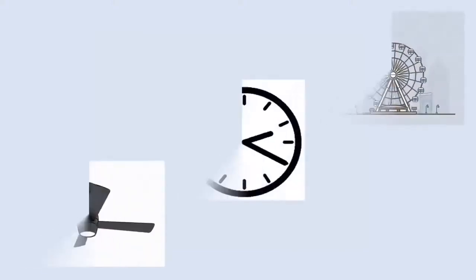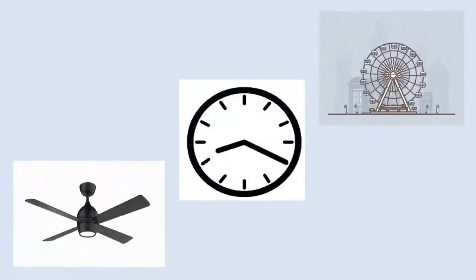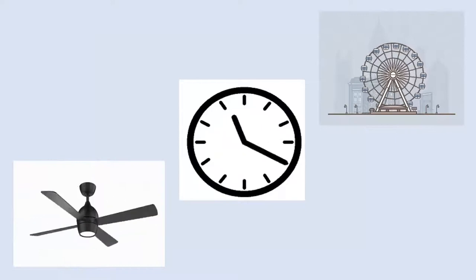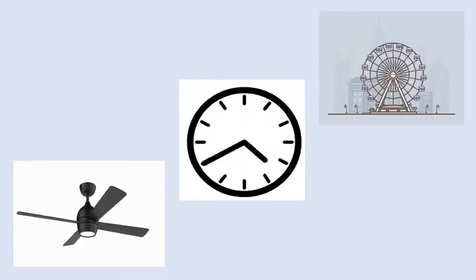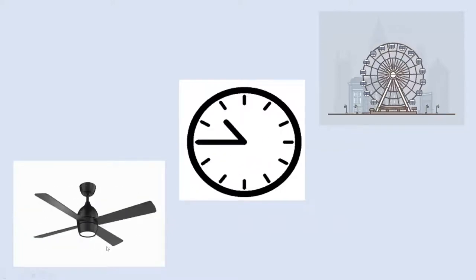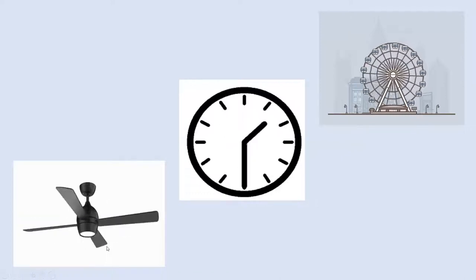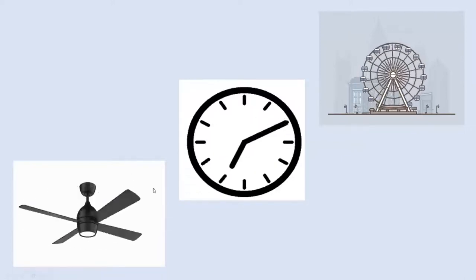Now I want you all to look at all these images together and tell me what commonality do you observe in all these examples with respect to the path followed? Okay, yes, absolutely correct. In all these examples, path followed is a circular path.